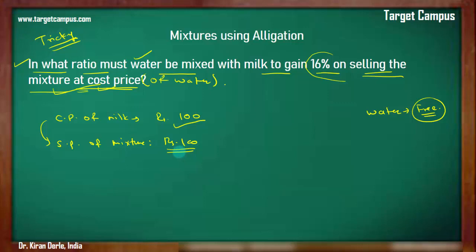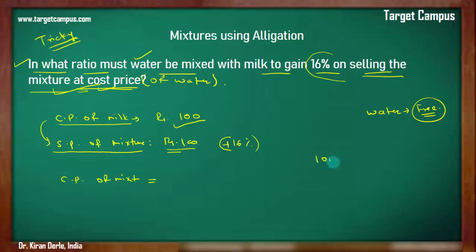I hope you are understanding this point. This is quite tricky to understand. The cost price of milk we have assumed as 100, so the selling price of the mixture should also be 100, but this is after getting 16% profit. So what should be the cost price of the mixture? Why are we calculating the cost price, guys?